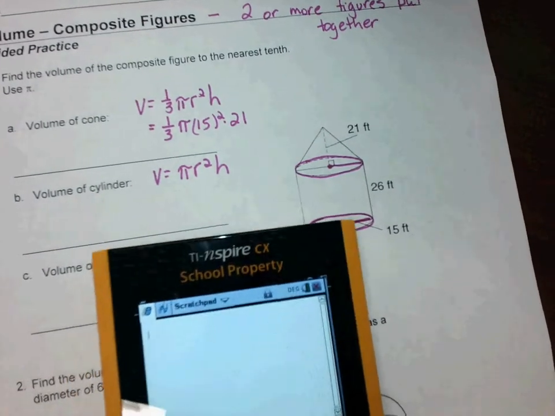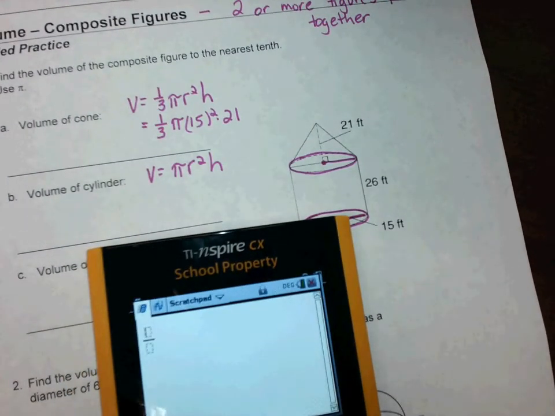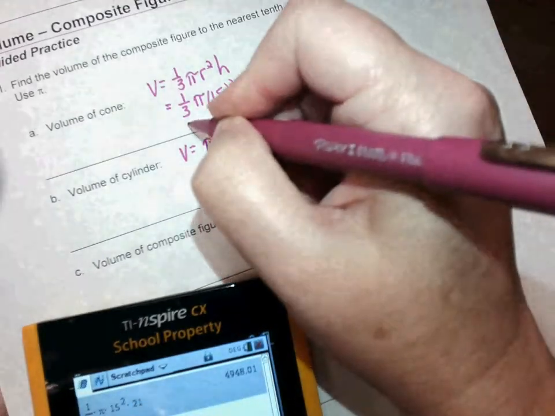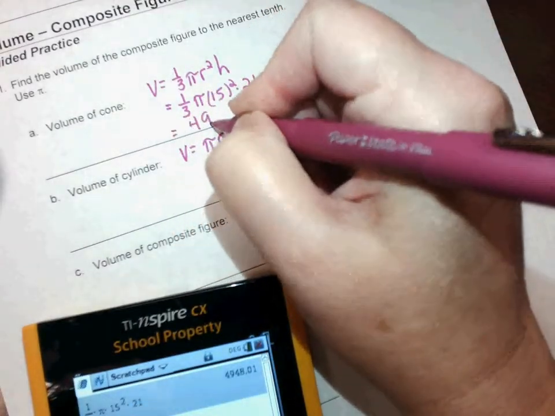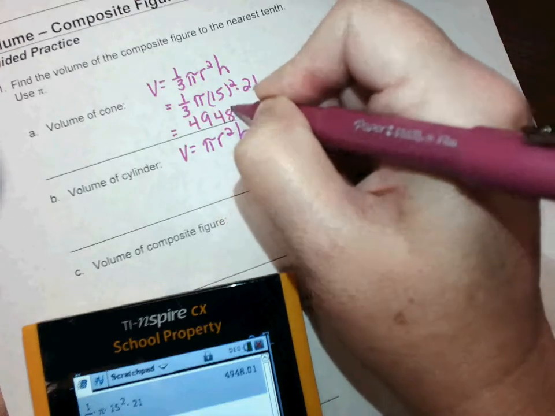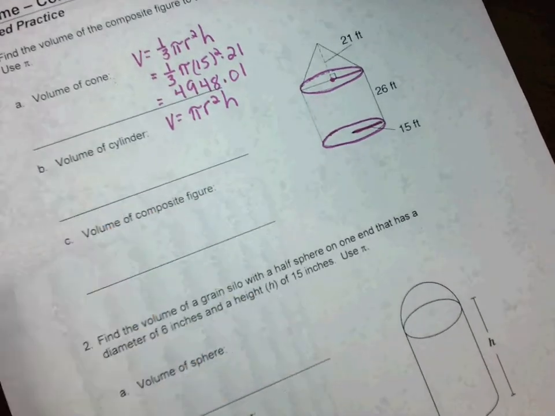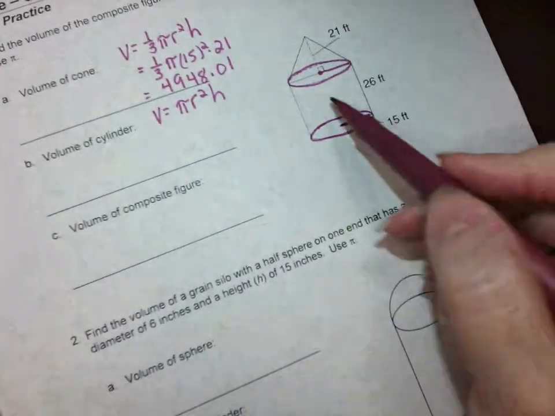So then I solve. I'm going to do 1/3 times pi times 15 squared times 21. So the volume of the cone is 4,948.01. Next, I'm going to do the cylinder.